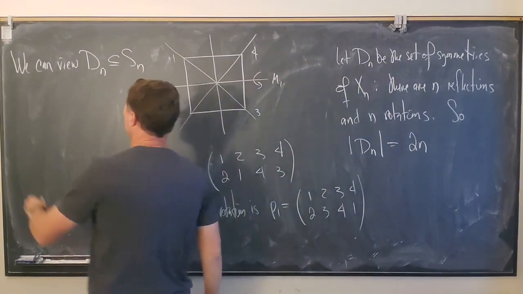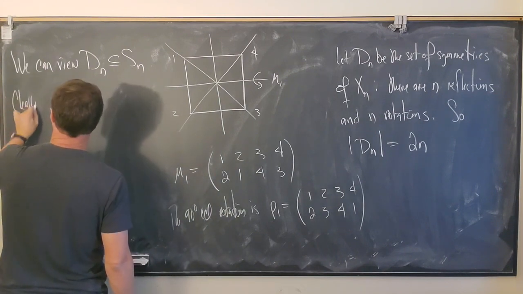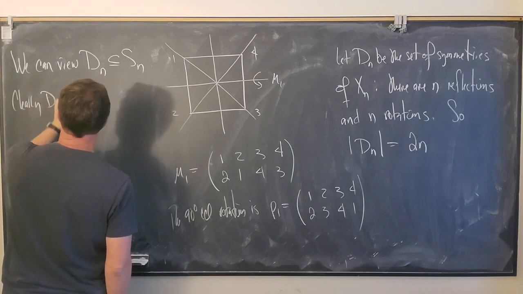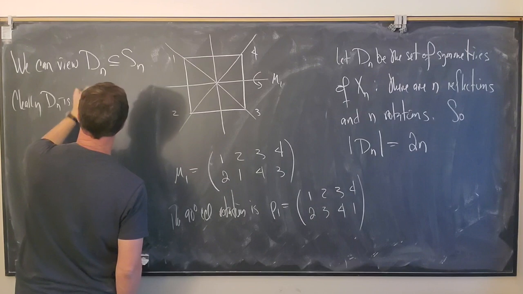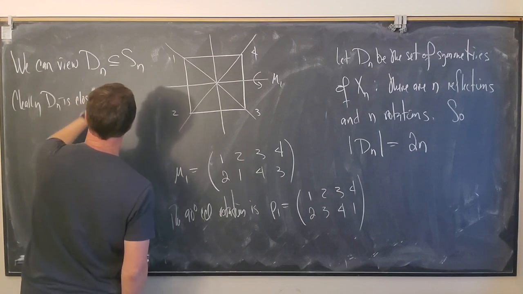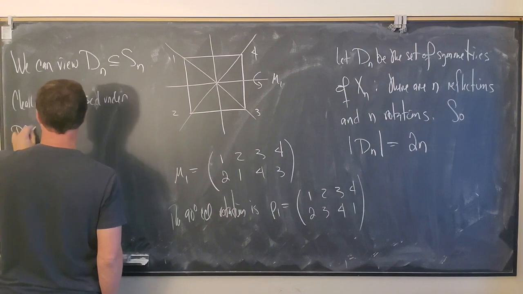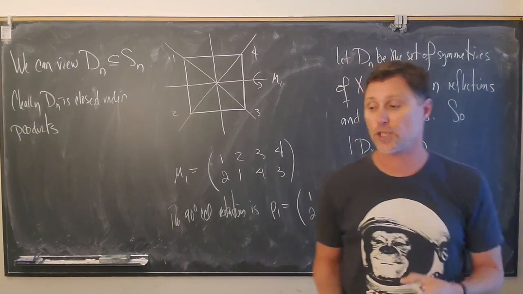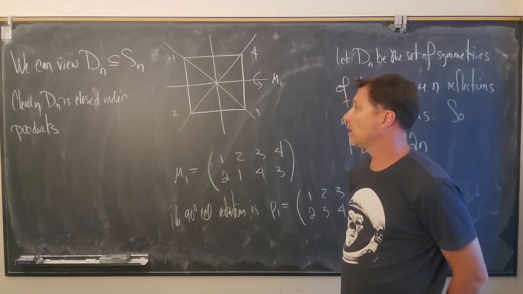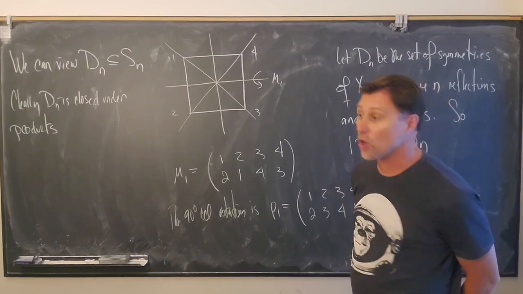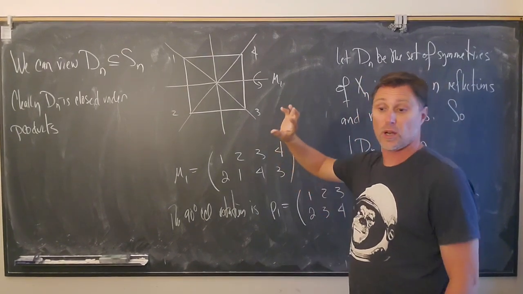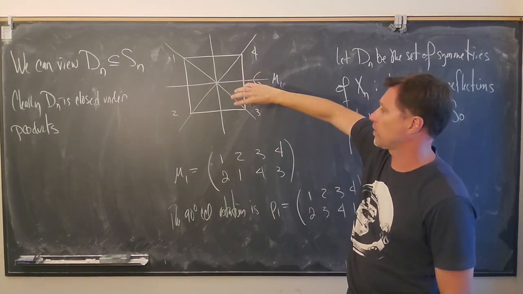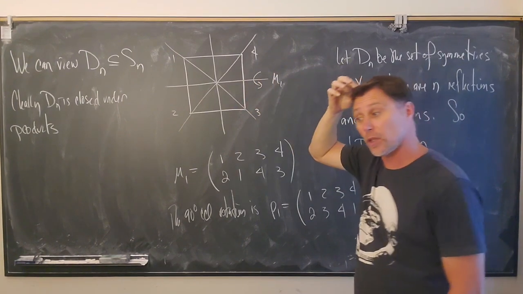Now, clearly, Dn is closed under products, where remember products is composition, so a symmetry is a permutation of the numbers 1 through n, right? And so if you do two symmetries, you get a symmetry. Also, the inverse of a reflection, just reflect again, which is the same as unreflecting. And if you rotate a certain number of degrees, just rotate back, right? So it's closed under inverses also.